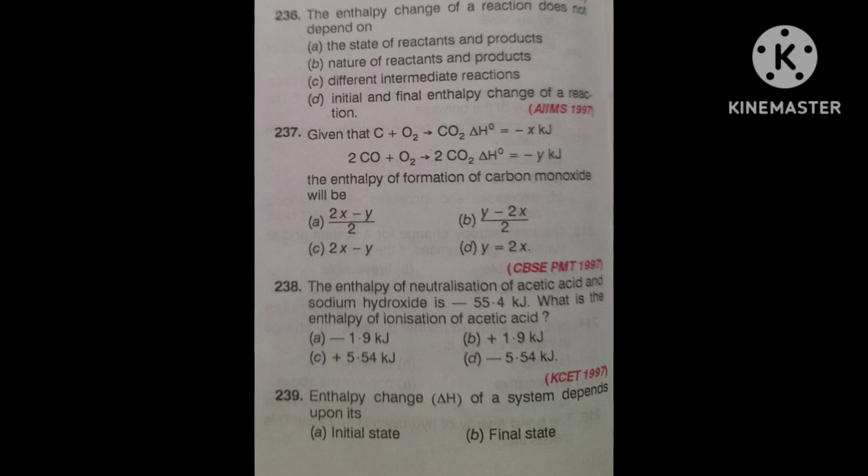Now for the next question, in this question you have to remember that you have to calculate for carbon monoxide, but the reaction is given for CO2. So consider C plus half O2, which will give CO, and that value is minus x kilojoule. The second value is for 2 moles, so for 1 mole you have to calculate. After that, do first minus second.